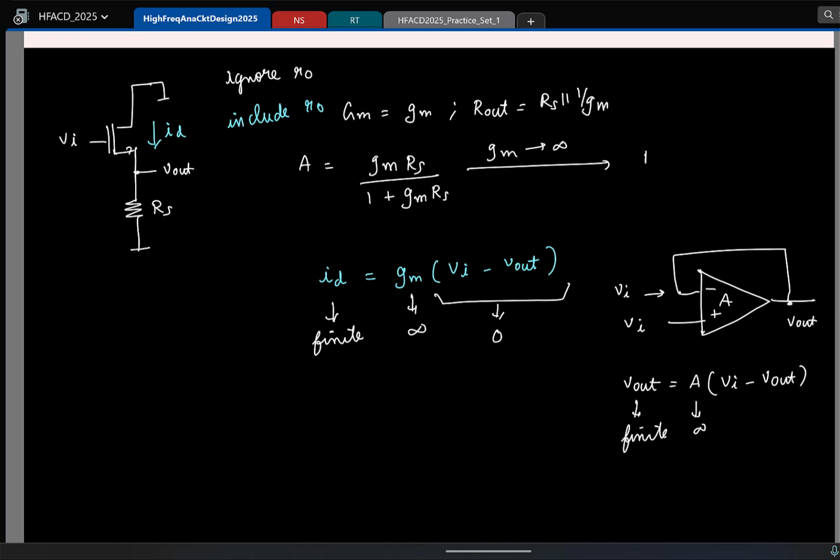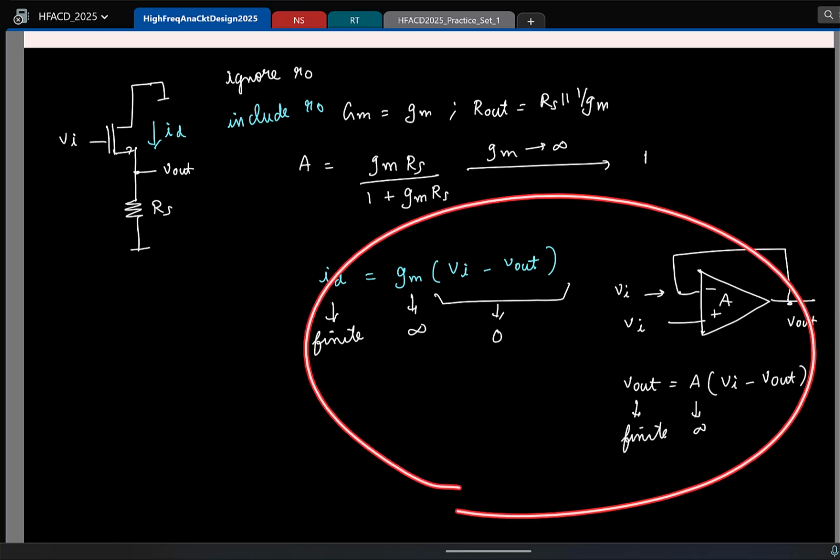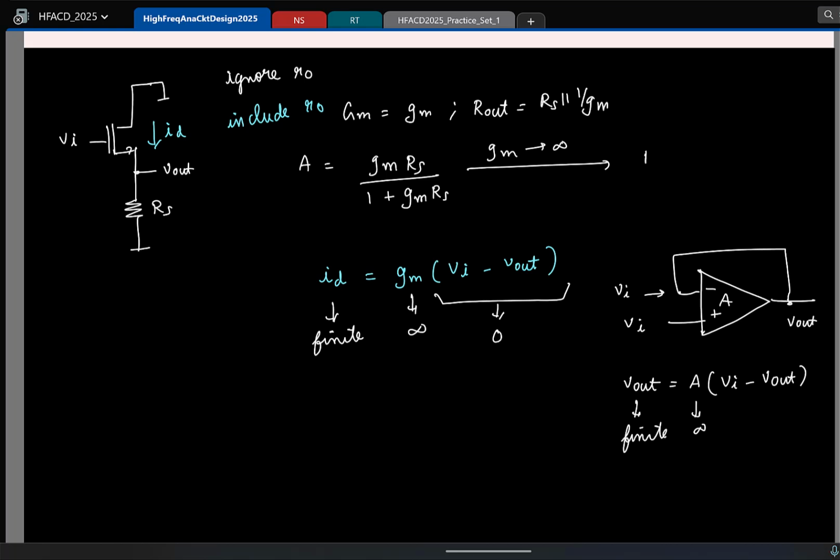And in this entire argument, there is one important assumption made, which is the fact that this term is finite, okay, and that you can guarantee only if you have negative feedback. For example, in the op amp case, I can change the signs here to this, right? And the only thing that will change in the expression is this becomes minus A times this. So here I can't make a case that, hey, my A is tending to infinity, so this should tend to 0.